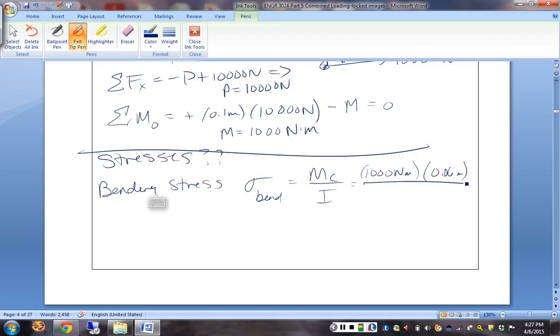And the moment of inertia was that number that we did up there, times 10 to the minus 6 meters to the fourth. So our bending stress is 3.47 E6 Newton per meter squared, otherwise known as 3.47 megapascal.